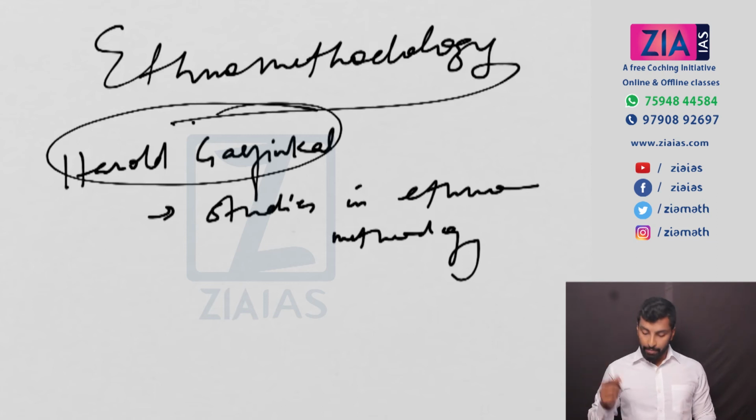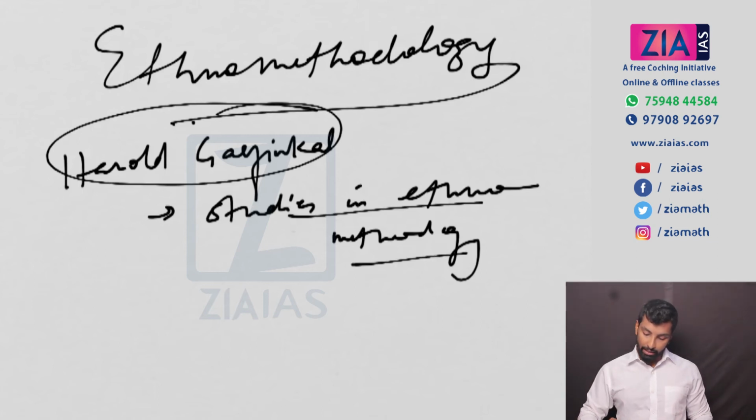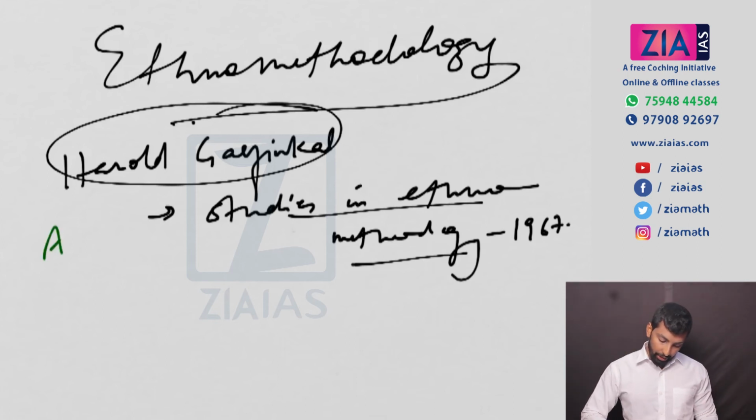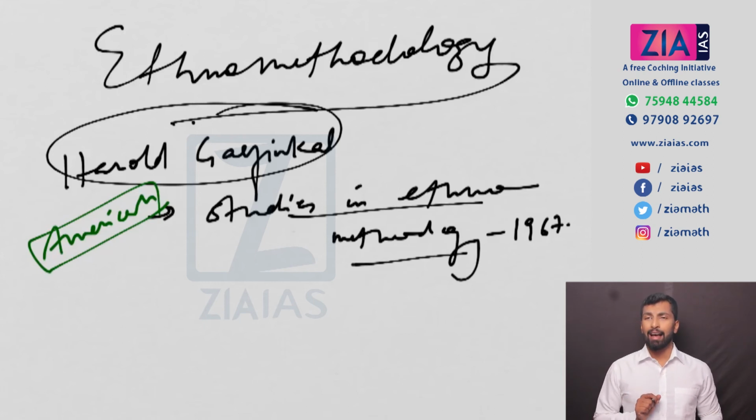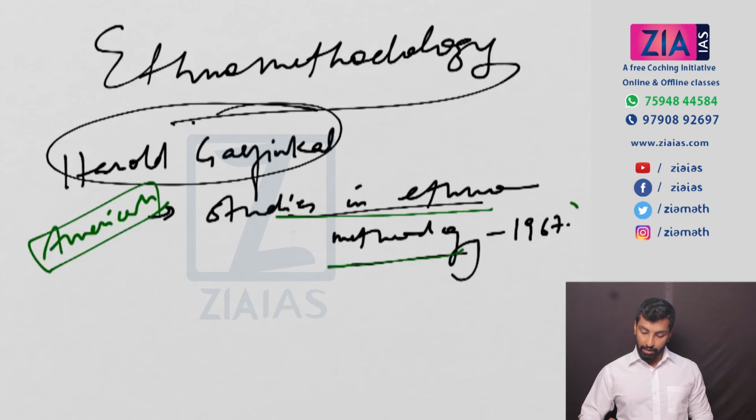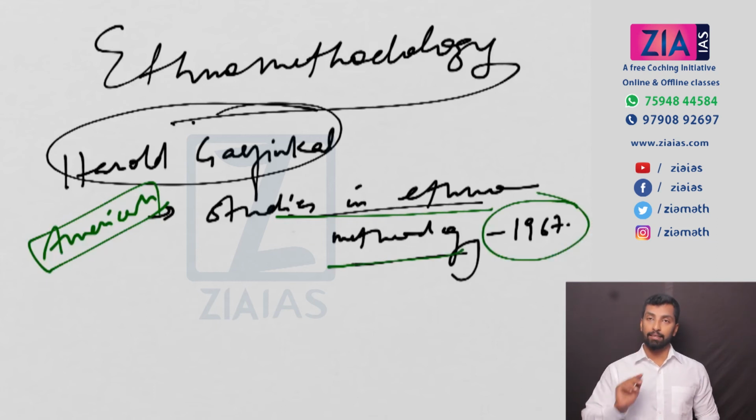But then it is more systematized in his book Studies in Ethnomethodology, which came in 1967. Okay, now he is an American sociologist. So you can write one line. This perspective was introduced by an American sociologist, Harold Garfinkel, in the late 1940s. Okay, as a mix of, if you want, you can write Alfred Schutz and Talcott Parson, and later it is more systematized in his book Studies in Ethnomethodology 1967. So one sentence is ready.